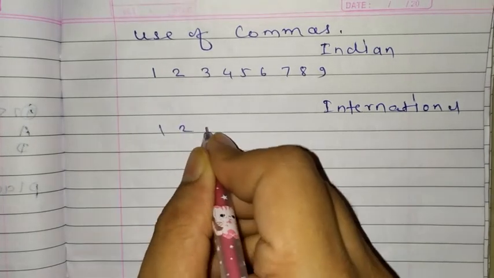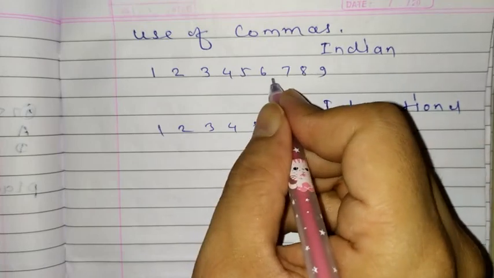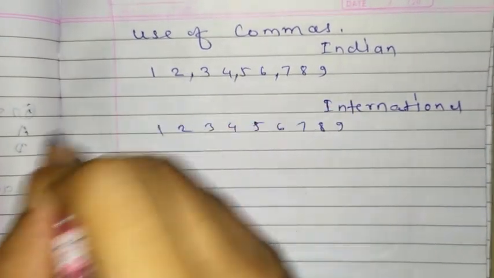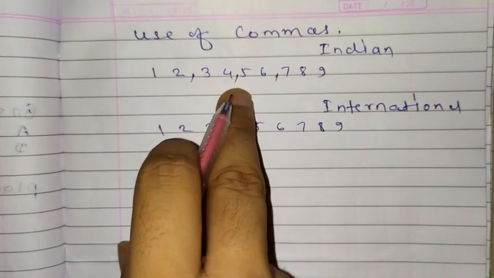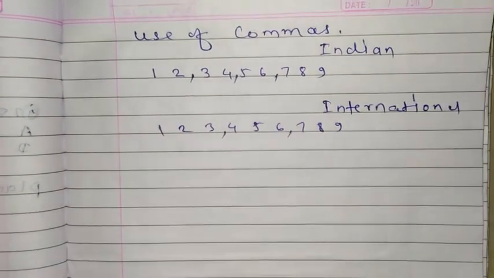In the Indian place value system, after 3 we give a comma, then after 2, like that. You keep in mind, after 3 we give a comma, then after 2 numbers, after 2 numbers. In international, always after 3, like that.